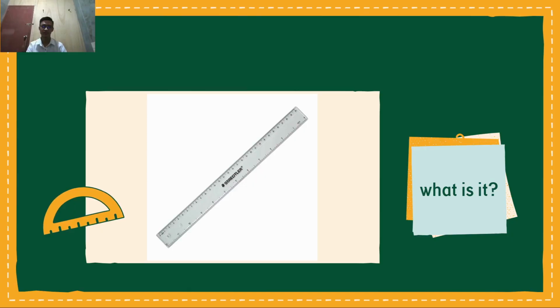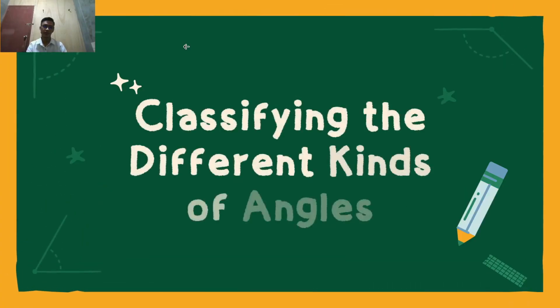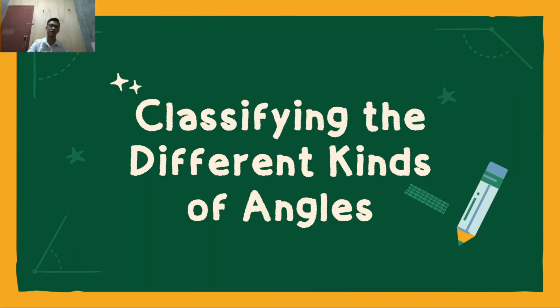Now, I do believe that those objects we saw a while ago are connected with our lesson. So our lesson for today is about classifying the different kinds of angles.